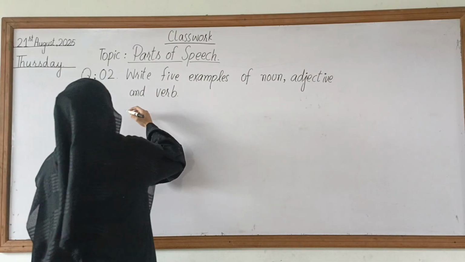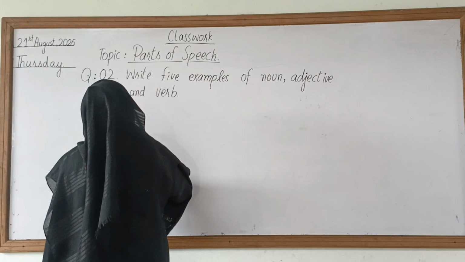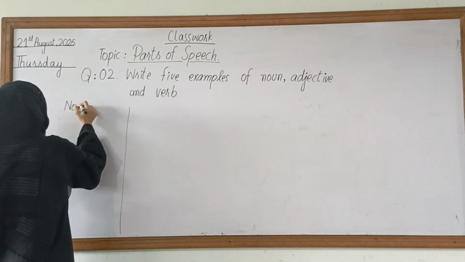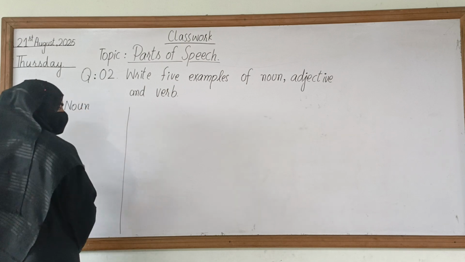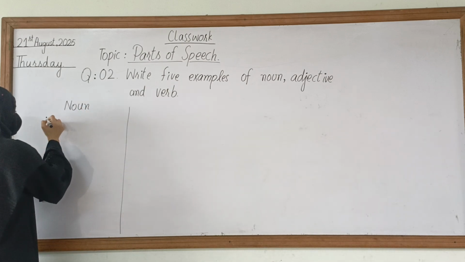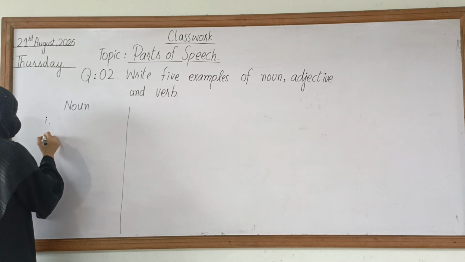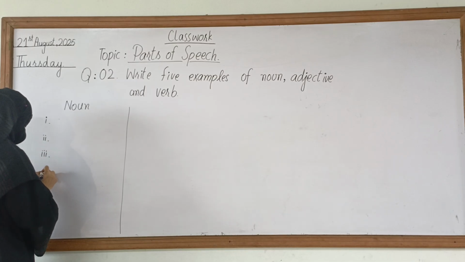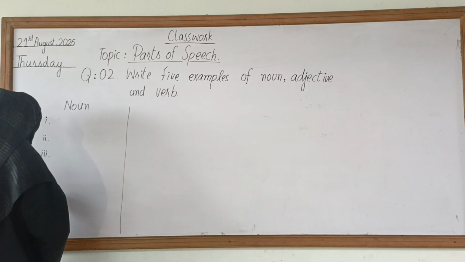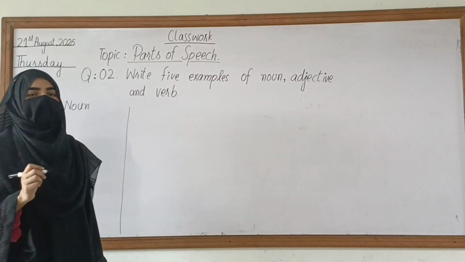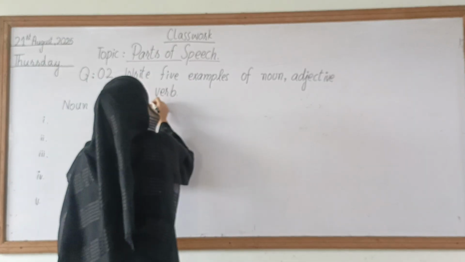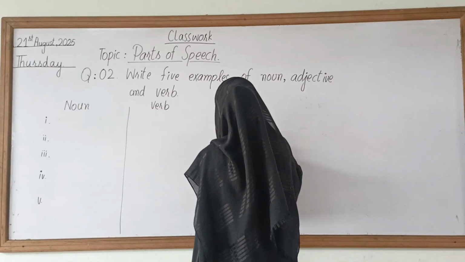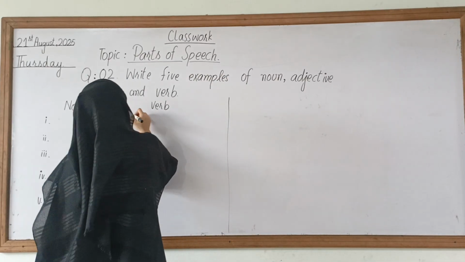You all are supposed to make a section like this. Give numbers 1, 2, 3, 4 and 5 for noun. The second section is of verb. Draw a line like that.